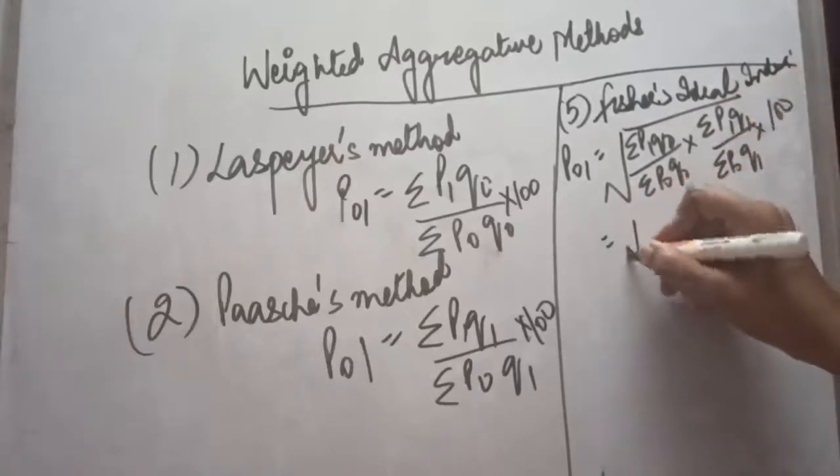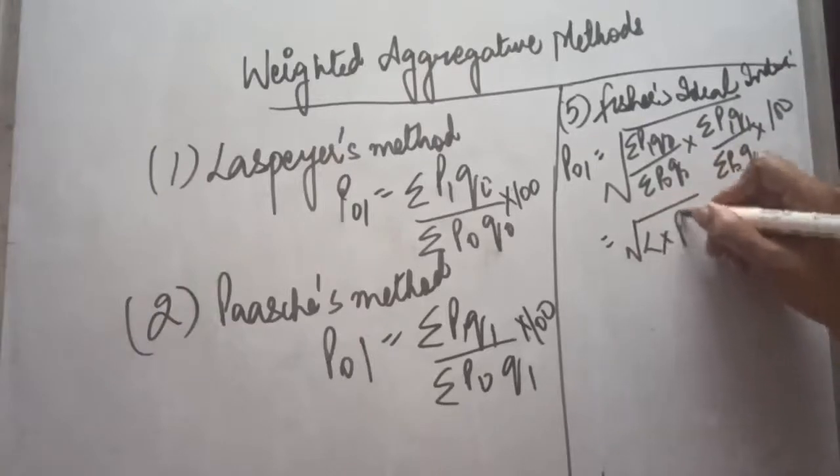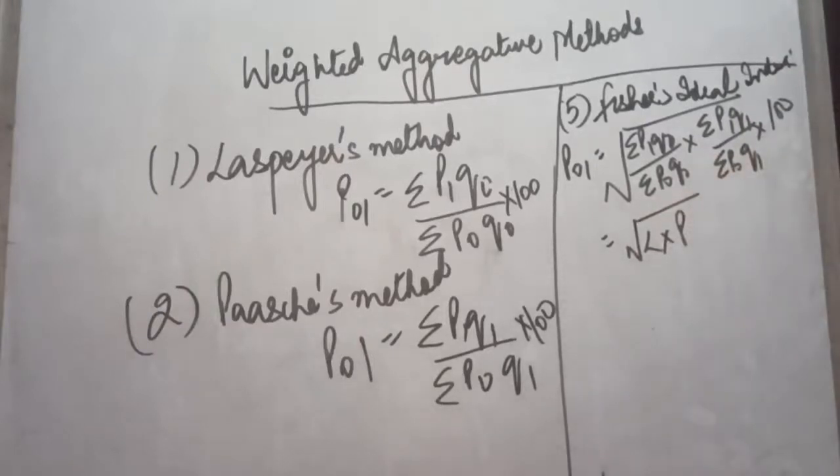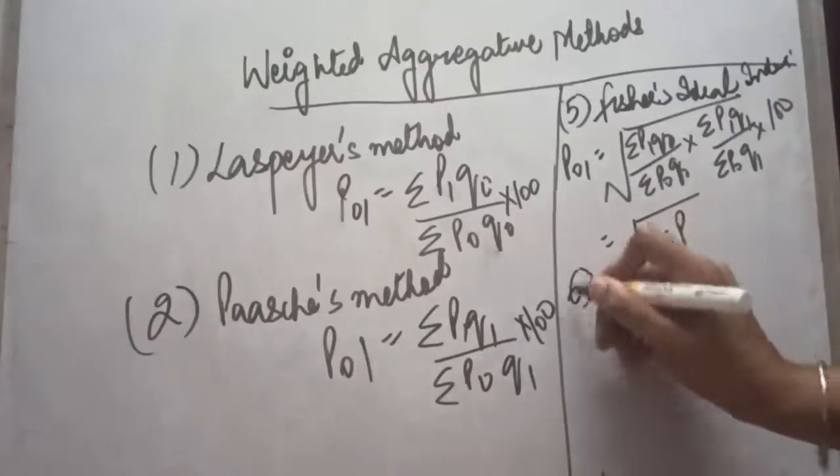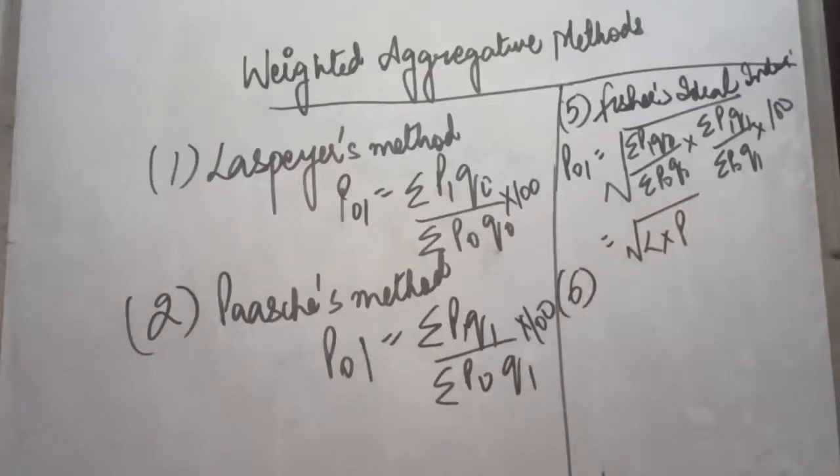In short, Laspeyres' and Paasche's are multiplied and the square root is taken. It is also called the cross weight formula, and it is the ideal formula because it satisfies both the tests of consistency, that is the time reversal test and factor reversal test, which we will see in the further methods. Now next is our sixth formula, that is Walsh's method.